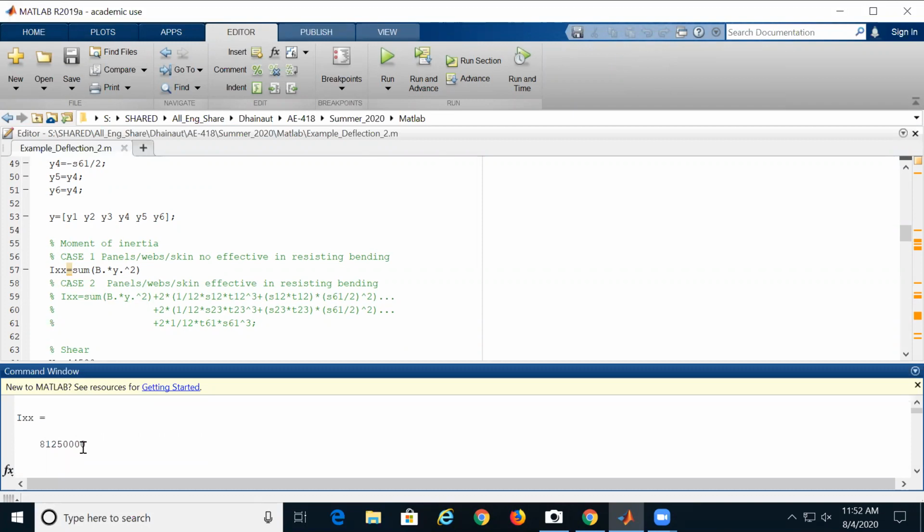So 1, 2, 3, 4, 5, 6. So it looks like it's 81.25 times 10 to the 6 millimeters to the 4th.